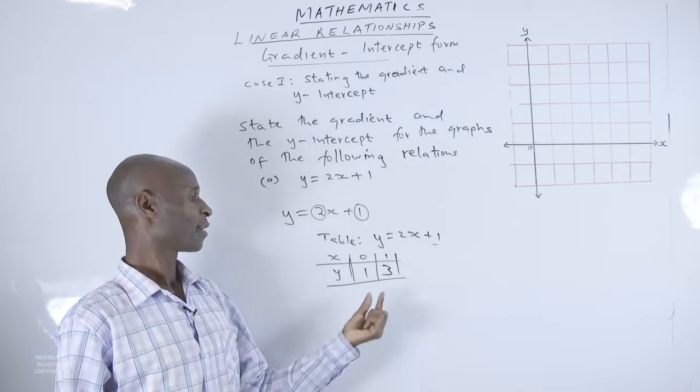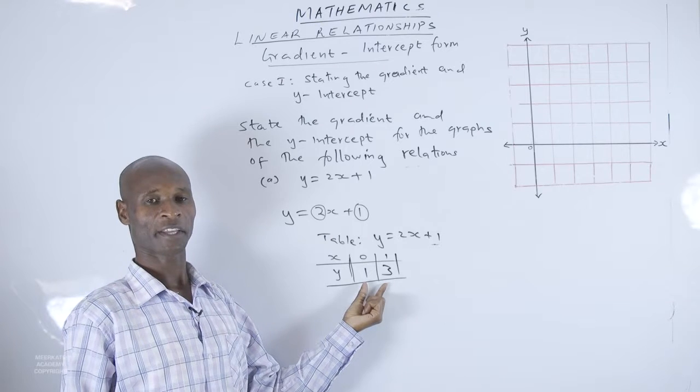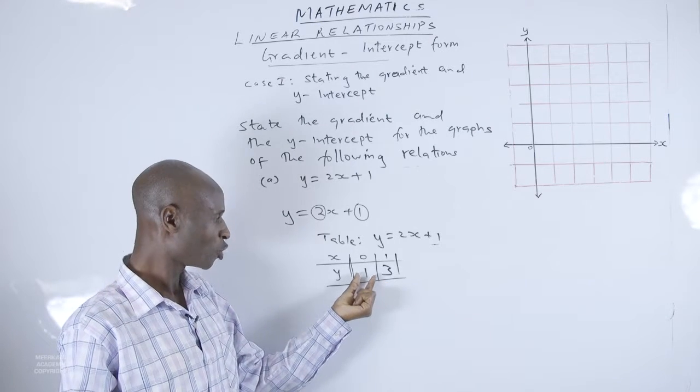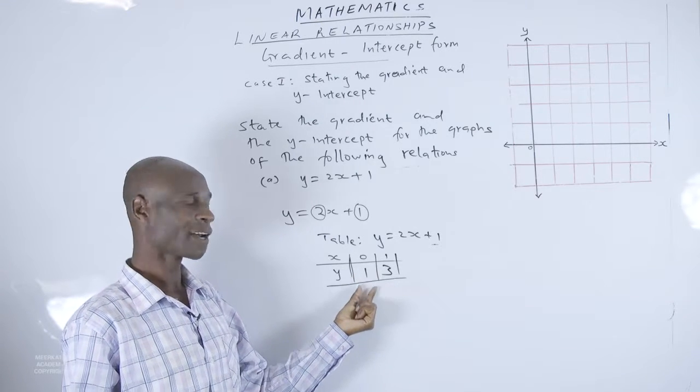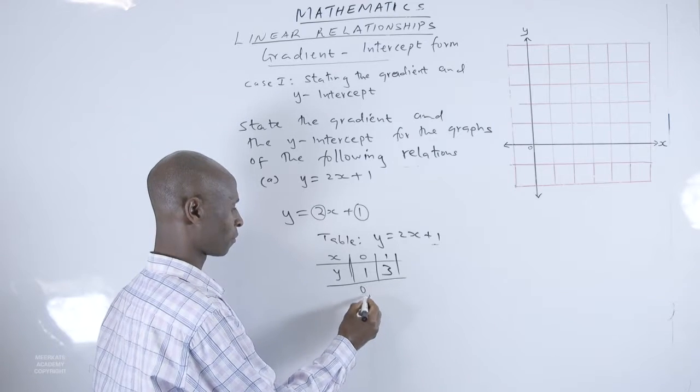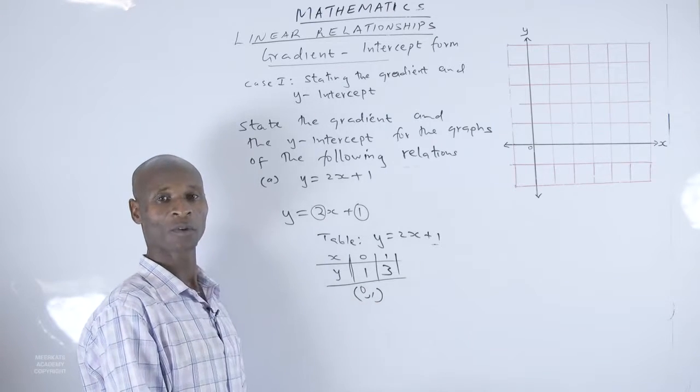Those 2 points are enough to draw the straight line. So we can represent the coordinates as (0, 1) and (1, 3).